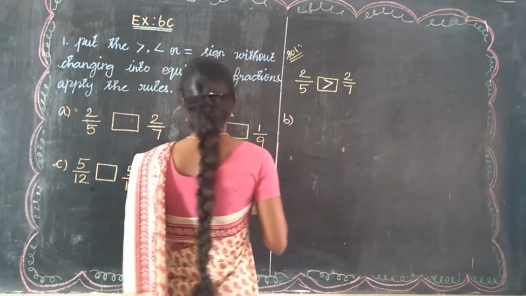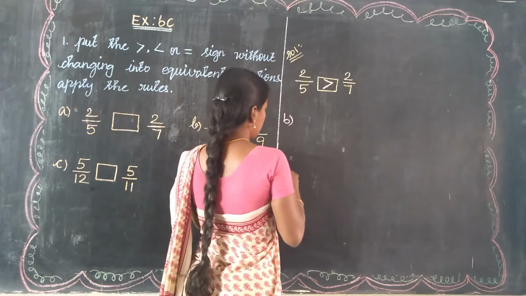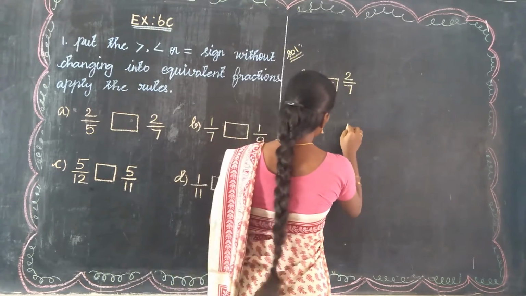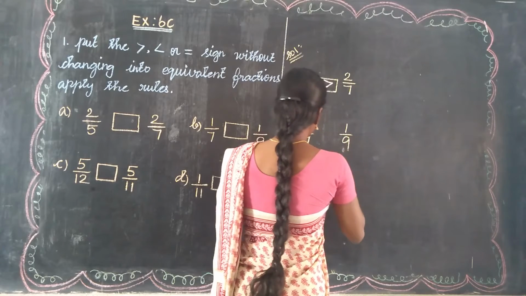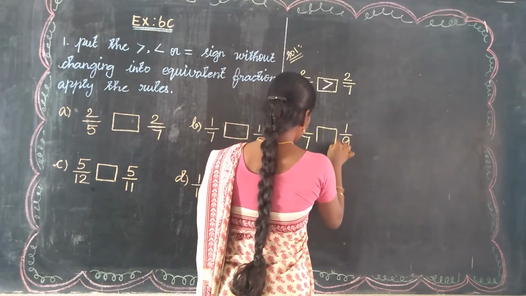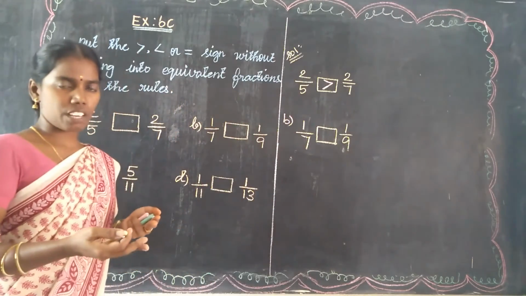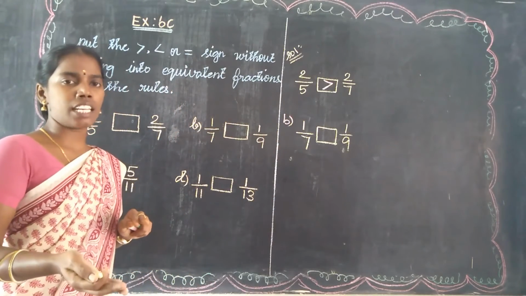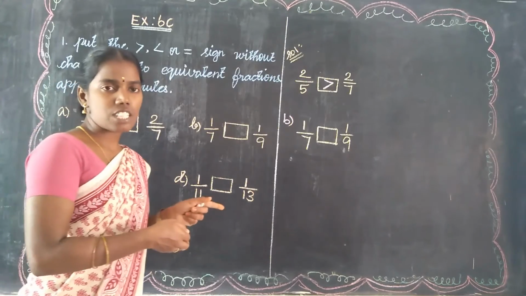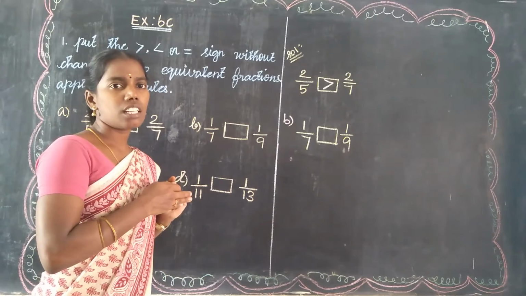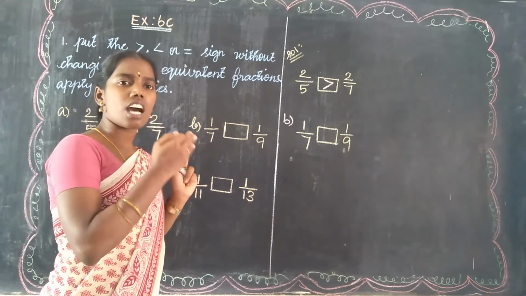Next, problem B: first fraction 1 by 7 and second fraction 1 by 9. The numerator values are equal. Next consider the denominator value, 7 and 9.